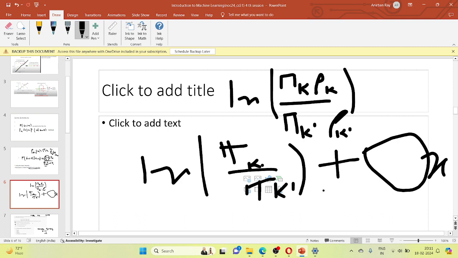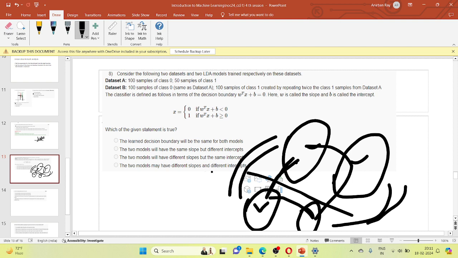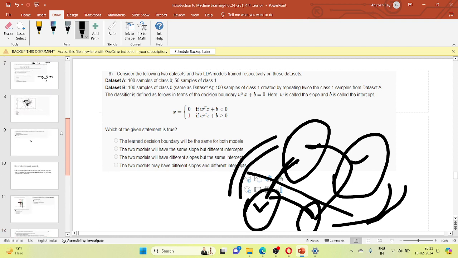As you remember, y equals mx plus c, so this is the mx part and this is the c part, the intercept. So this is the intercept.